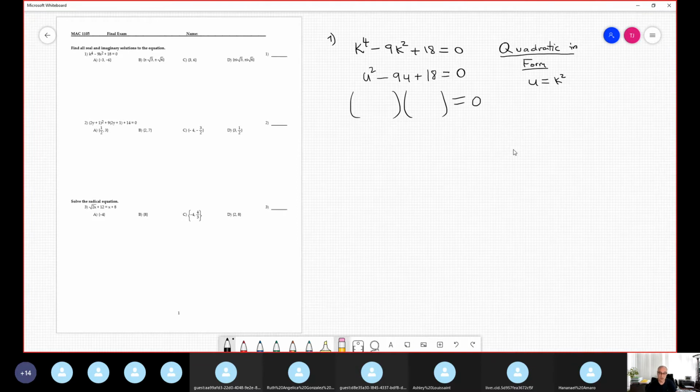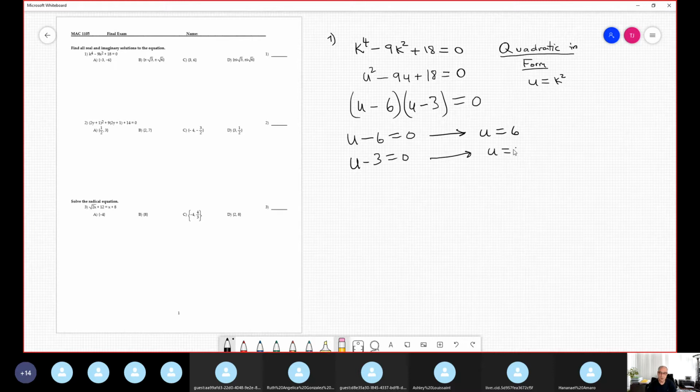In this case, I realize that the best way is by factorization because 6 times 3 is 18, 6 plus 3 is 9, negative of. Therefore, u minus 6 is equal to 0, and u minus 3 equal to 0.